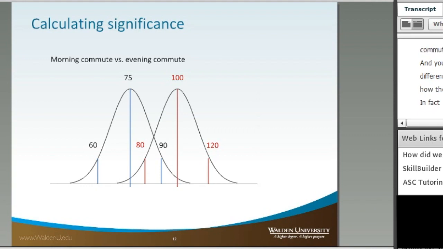And what that means is there's actually a section of both of those graphs that are the same. Okay? And that means that there is a possibility, a good possibility, in fact, greater than a 5% possibility, that the difference here is just chance. It's just the fact that normal variation in my commute times caused this difference to occur.